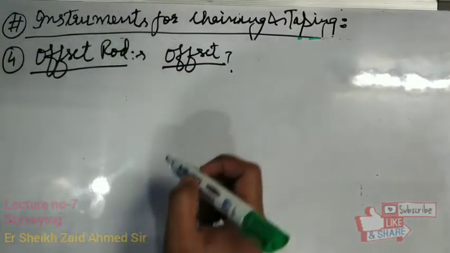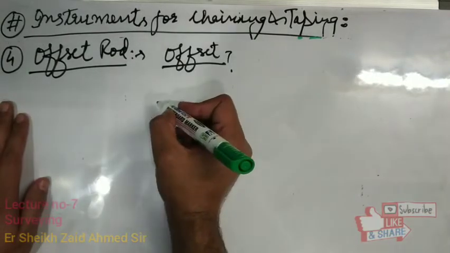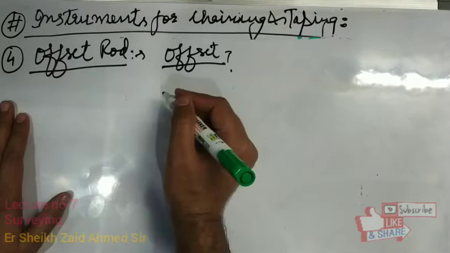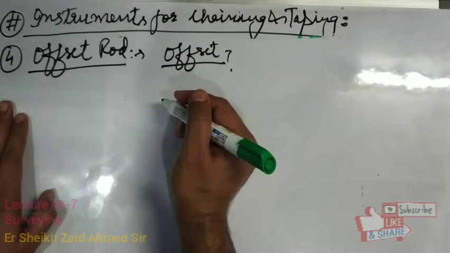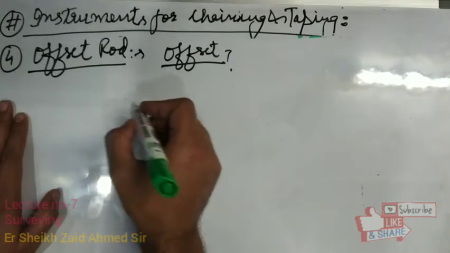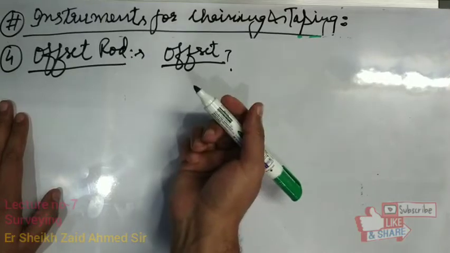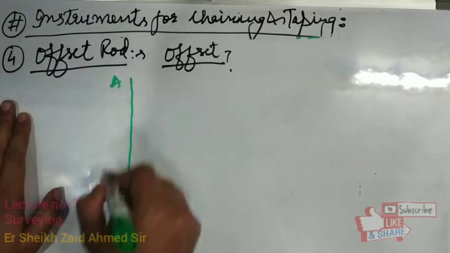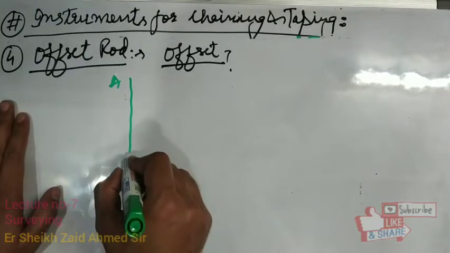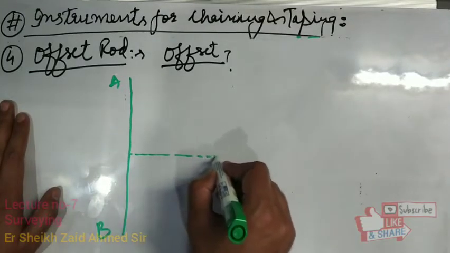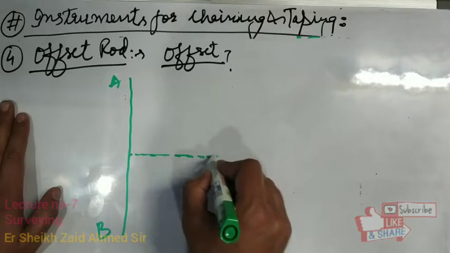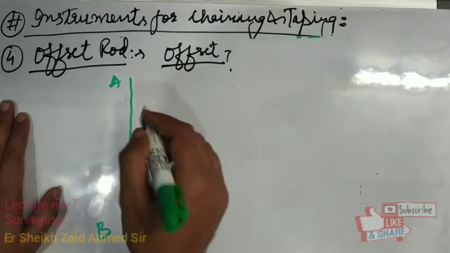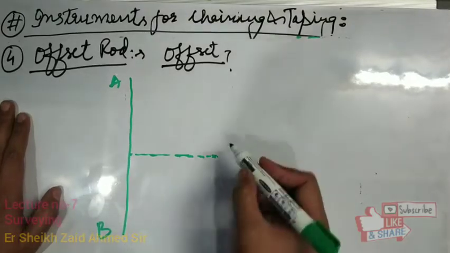Offsets are nothing but the lateral distances measured from a survey line by an instrument. For example, this is a survey line AB. We have to make this lateral measurement. So offsets are the lateral distances taken from a survey line with an instrument.